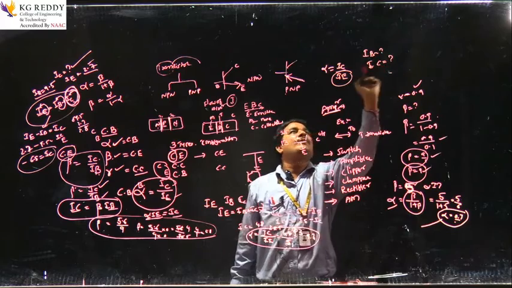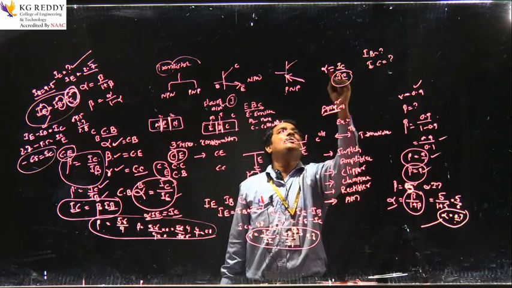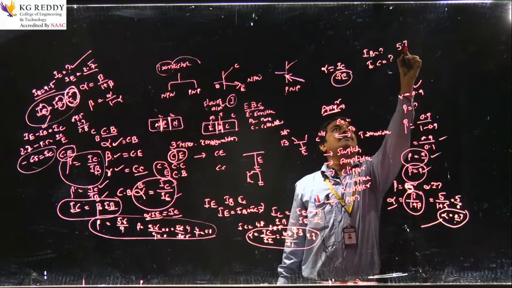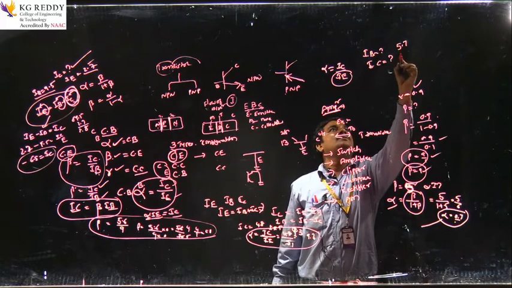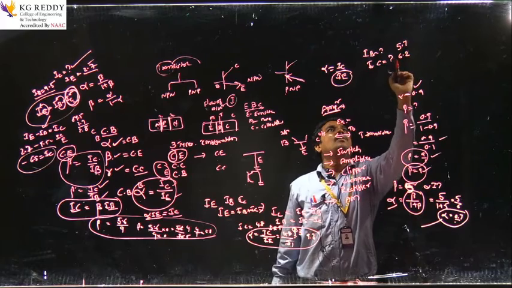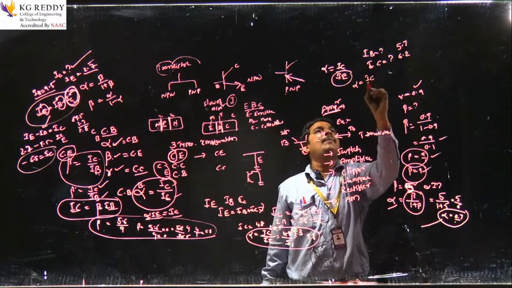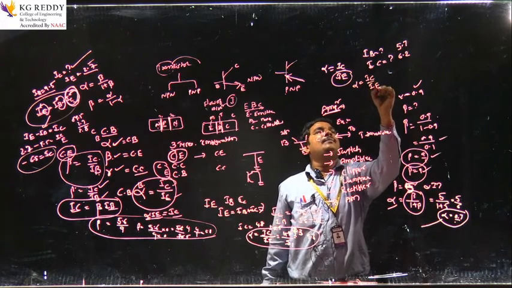Two values are given. Find out the alpha value. Suppose IB value is 5.7 and IC value equals 6.2. Find out IE. Alpha equals IC by IE.